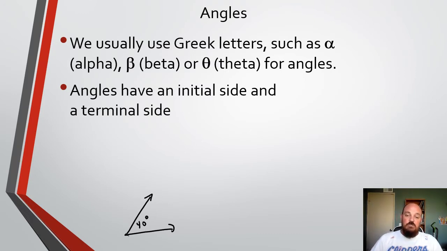But if you have an initial side and a terminal side, then the angle could be going from here to here, or it could be starting here and ending there. And depending on which one you're using, one of those is going to be 40 and one of them is going to be negative 40. And that's the difference.